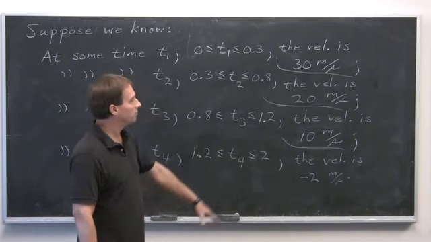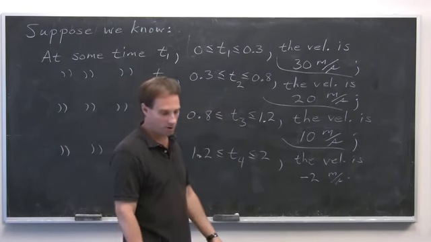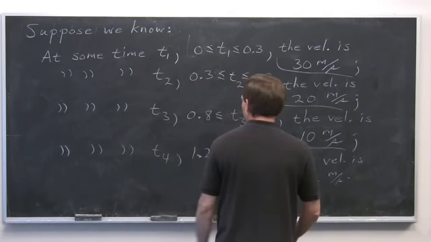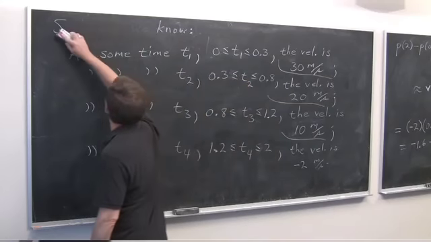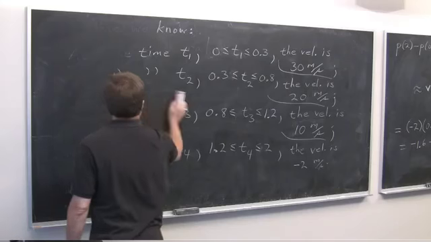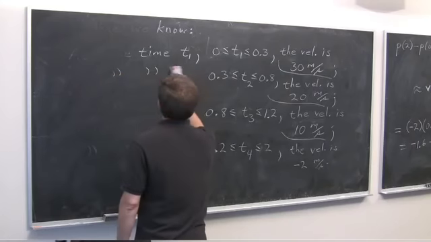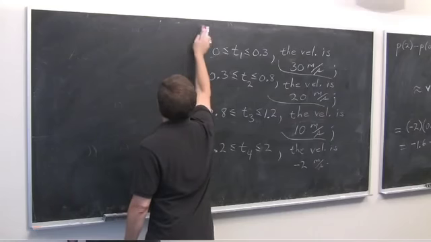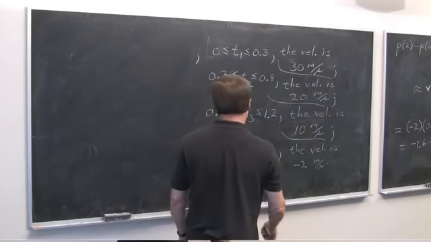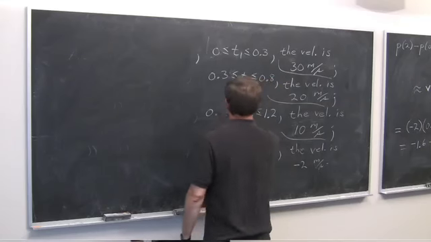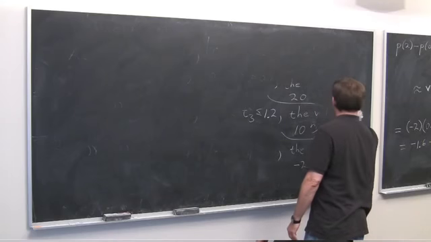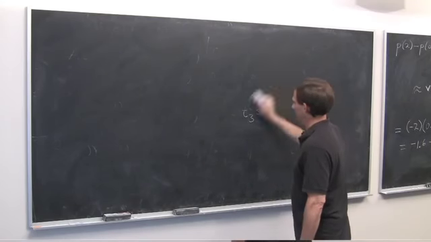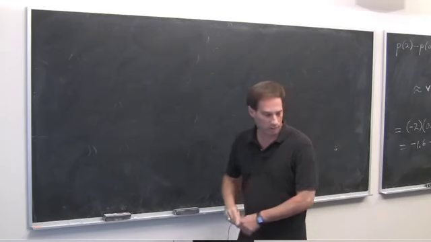But first, let me put this in table form where it will look a little nicer. All this data is too spread out. Yeah, in table form, this data looks a little better.